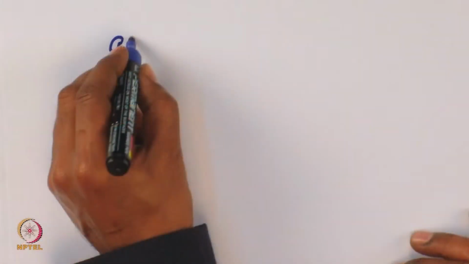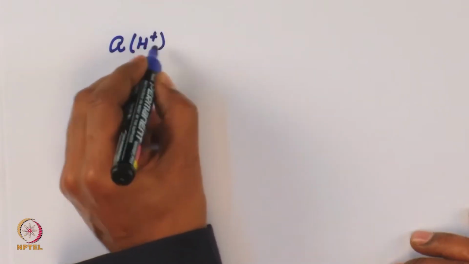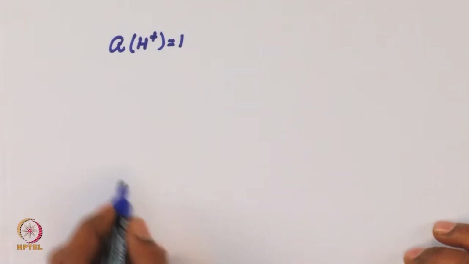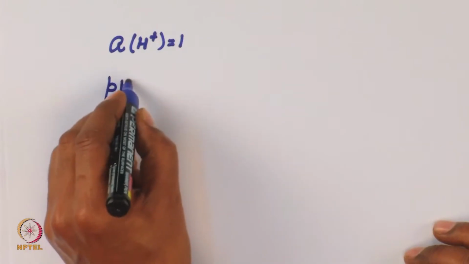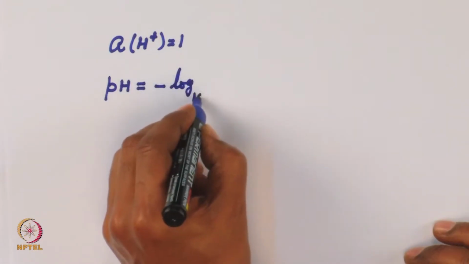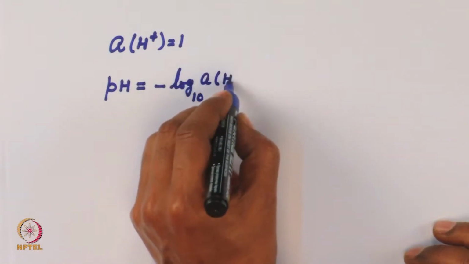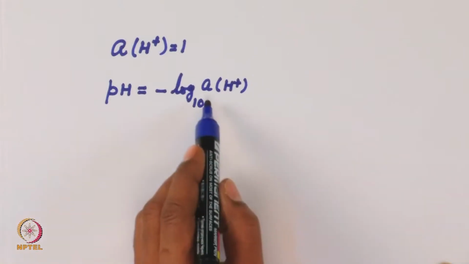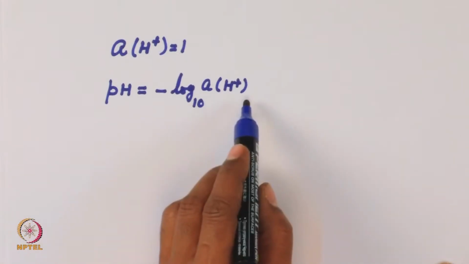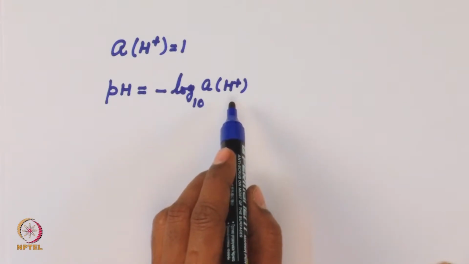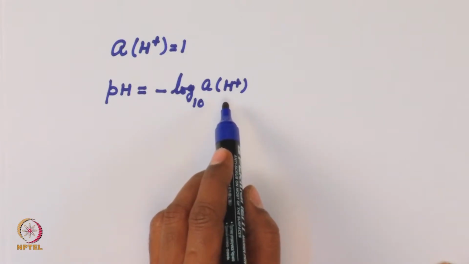Now, if activity of hydrogen ion is equal to 1, how do we define pH? pH of a solution is minus logarithm base 10 activity of hydrogen ion. Most of the times we simply write this as concentration. Please remember that it should be activity, not the concentration. You can only replace activity by concentration if the solution is very, very dilute.